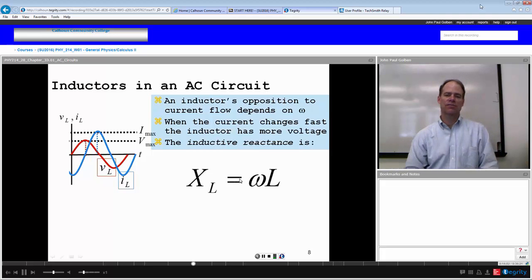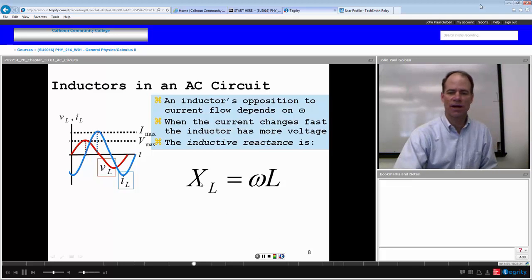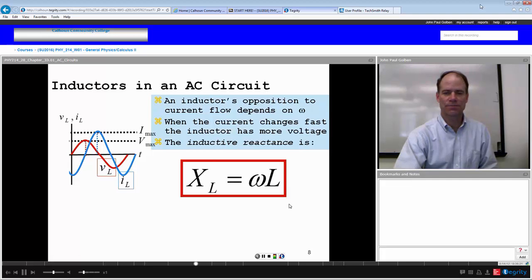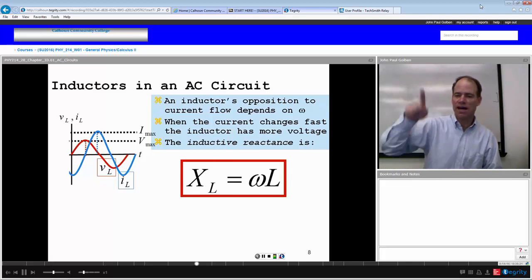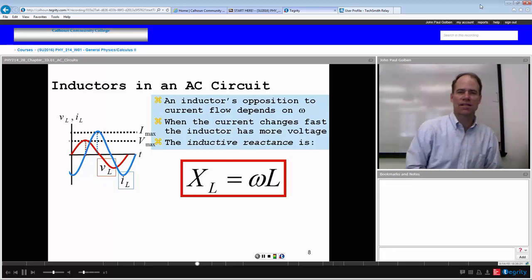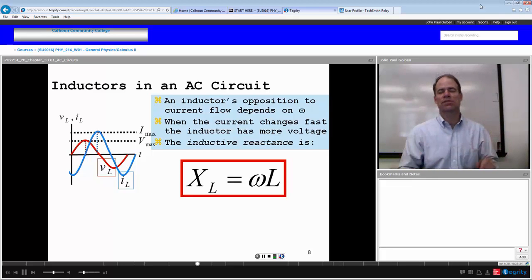The inductive reactance, which is chi sub L, or you might call it X sub L, is proportional to the inductance by the angular frequency. So it's also proportional to the angular frequency. When the angular frequency is high, the inductor has a lot of influence, a lot of opposition to the flow of current in that circuit.